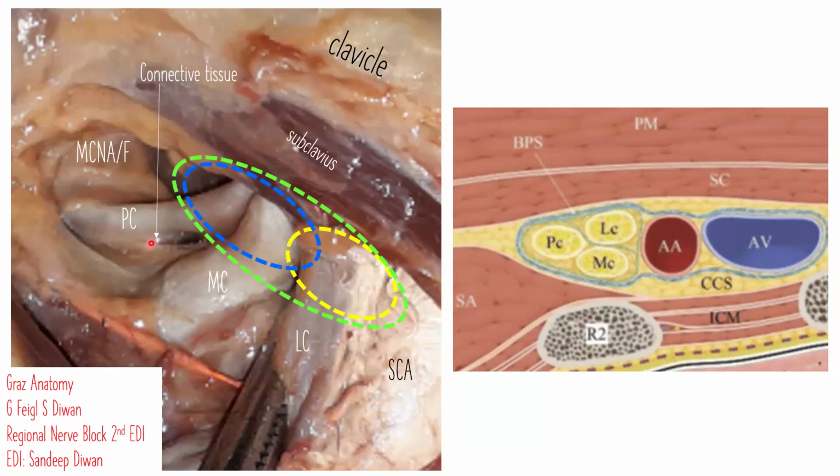So this is the connective tissue that I was mentioning before, and this is another connective tissue which is more significant, which will differentiate the lateral cord from the middle and the posterior cord. And it's all lateral to the subclavian artery. This is exactly what is present in the schematics, and it's all on the second rib.